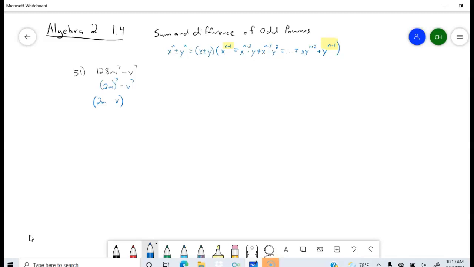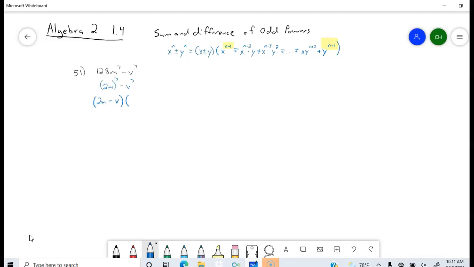I just got to decide, because my formula says plus or minus, which one. I'm going to match what was in the original problem. That's going to be a minus. Now, if I start off with a minus, the rest of them are all going to be pluses. If I had started with a plus, then they would alternate.